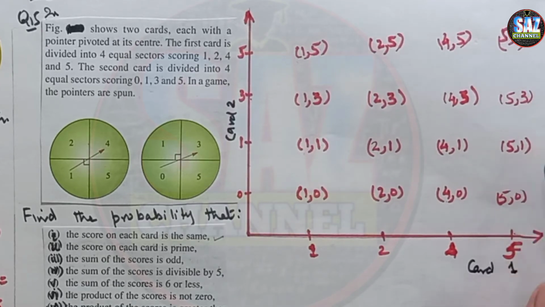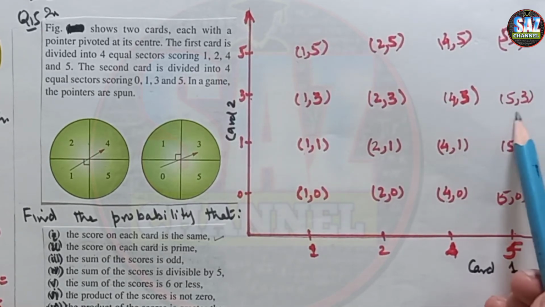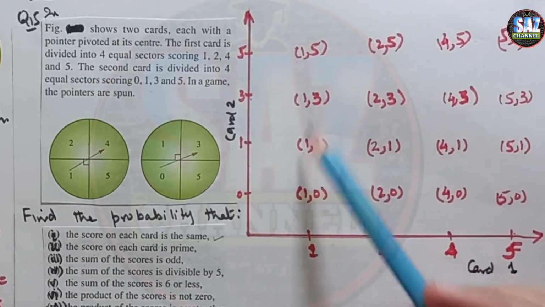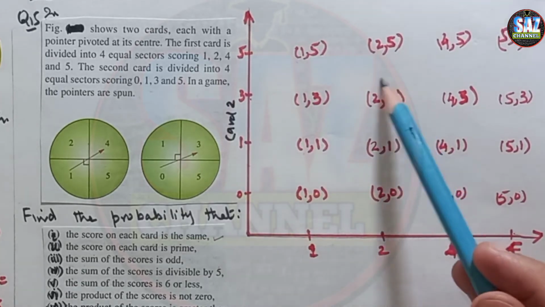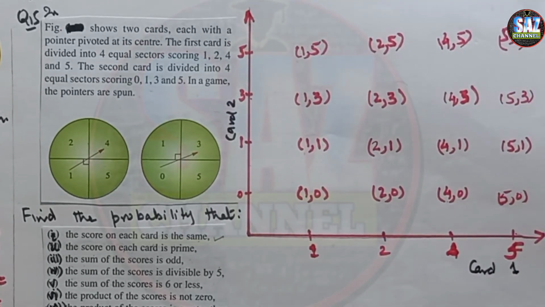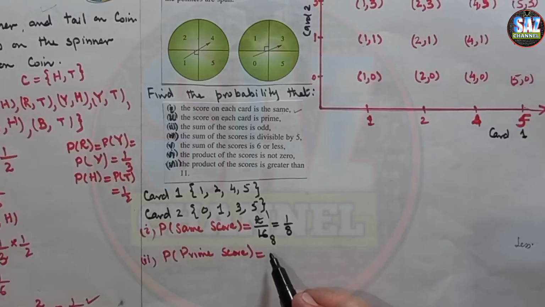Then 2 with 3, 2 with 5, and then 5 with 3 and 5 with 5 as well. So there are 4 outcomes for prime score. 4 by 16, which is equal to 1 by 4.